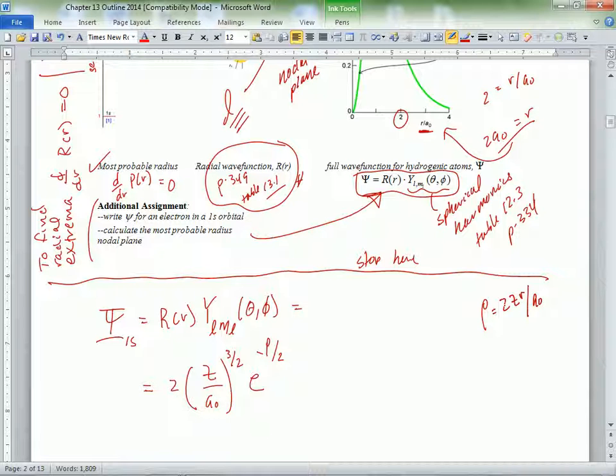Okay. And then now I have to get my spherical harmonics part, and that is from table 12.3, page 334. Now I'm supposed to be writing it for the 1s. My table only has l and m sub l in it. I have to look up an l and m.